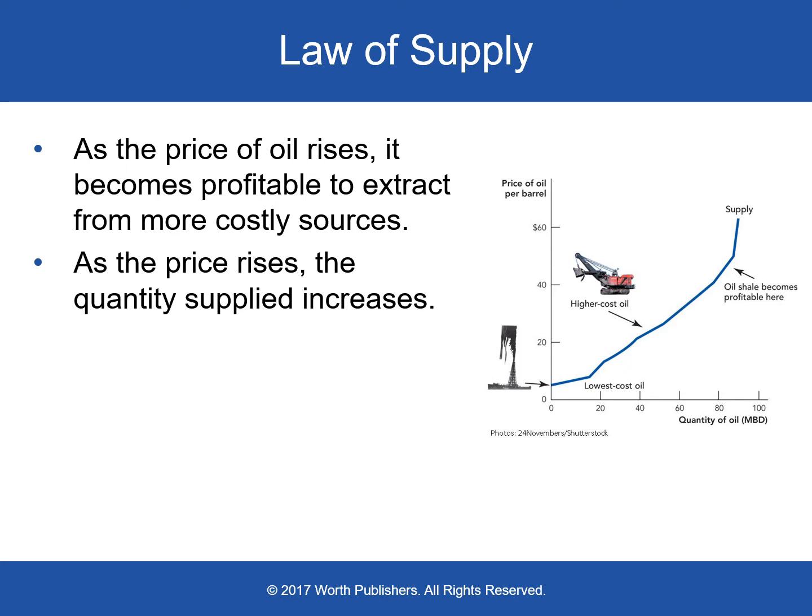If the market price is very low, then relatively little oil will be provided. As the price of oil per barrel increases, then more and more is produced. So as you move from left to right on the horizontal, the vertical axis value increases.